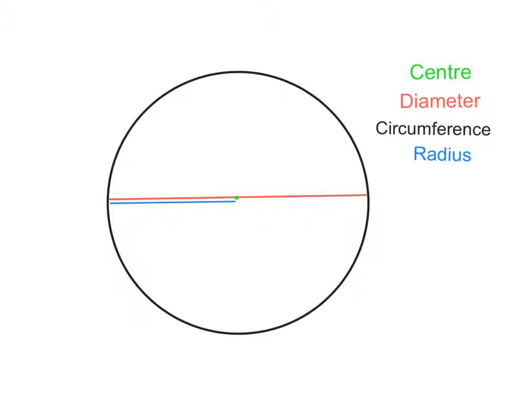You should notice that the radius is half the diameter, or in other words, the diameter is twice the radius.